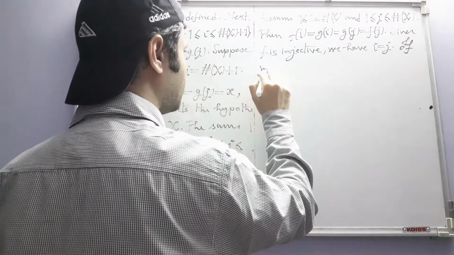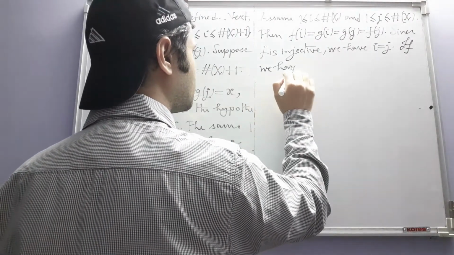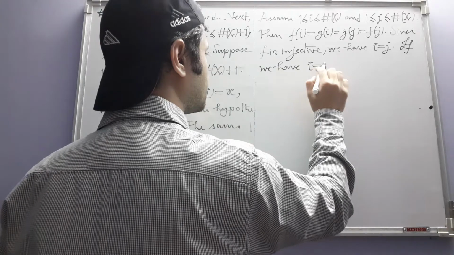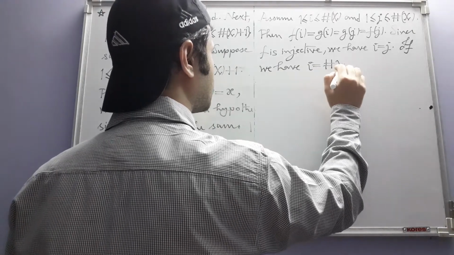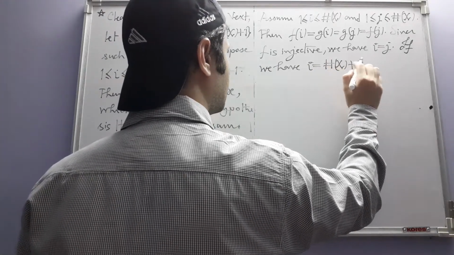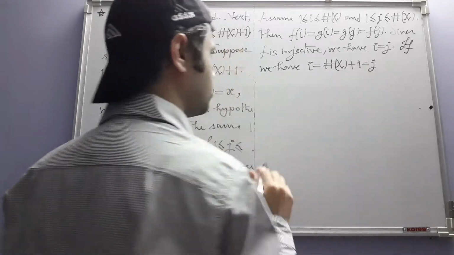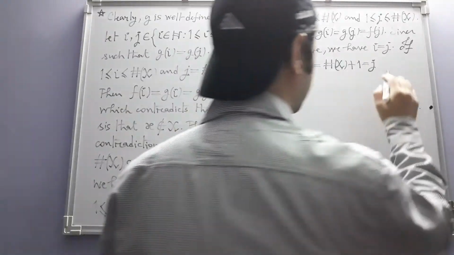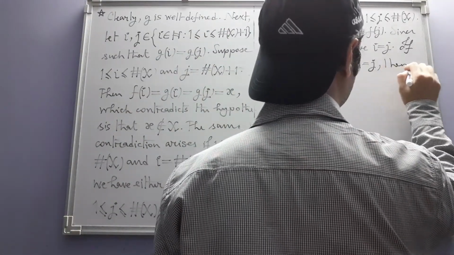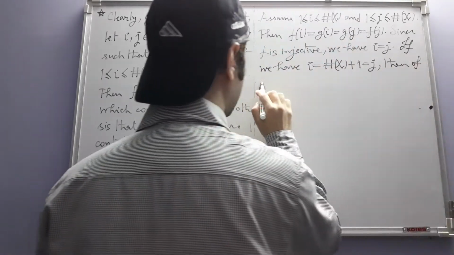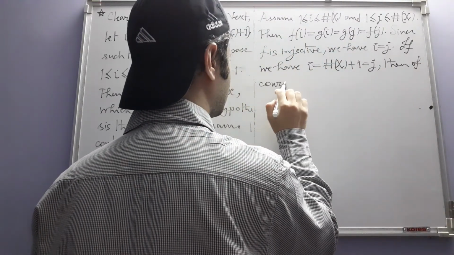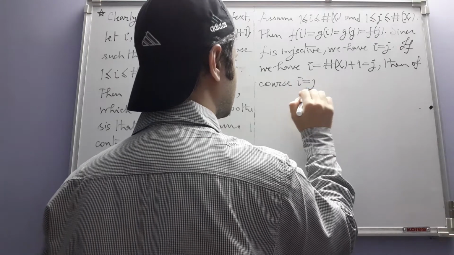On the other hand, if we have both I and j equal to this natural number, then of course I is equal to j.